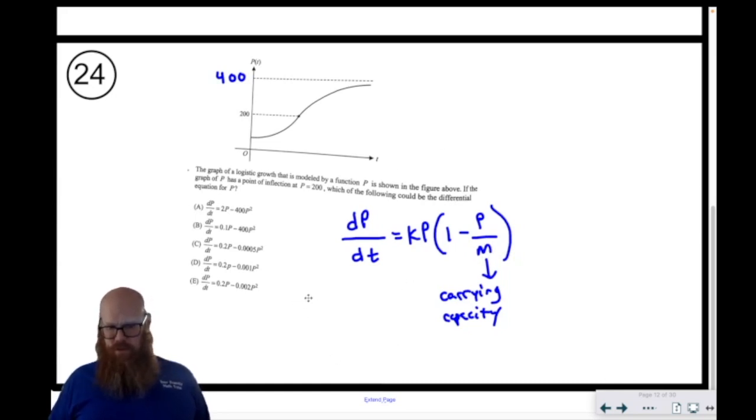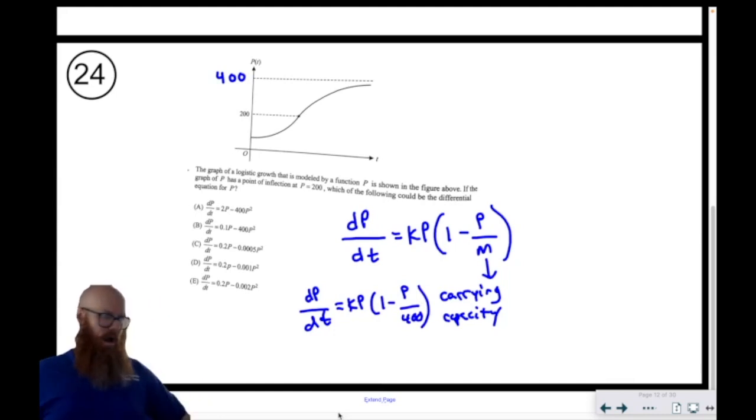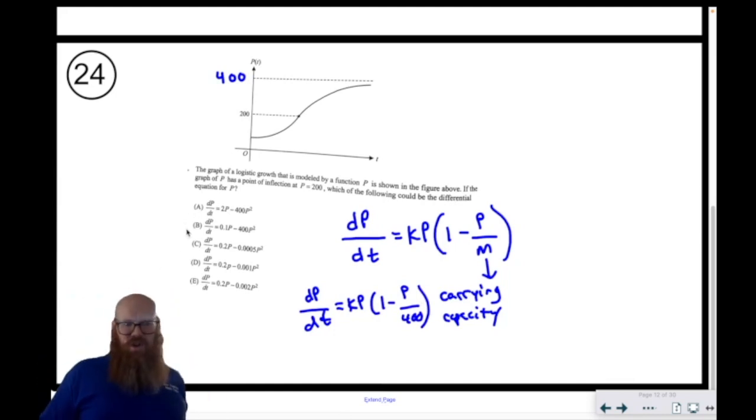So if I go over here, then I know I have dP/dt is equal to kP times 1 minus P over 400. All right, so that's what I have right now. So now it just comes down to which answer would give us that.